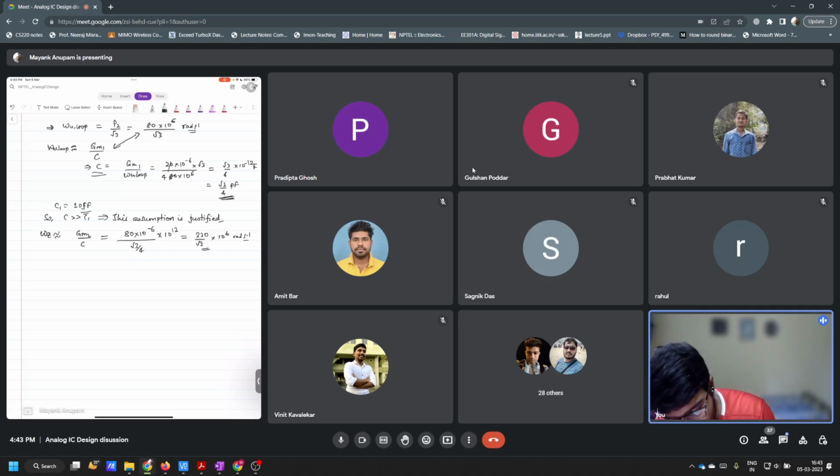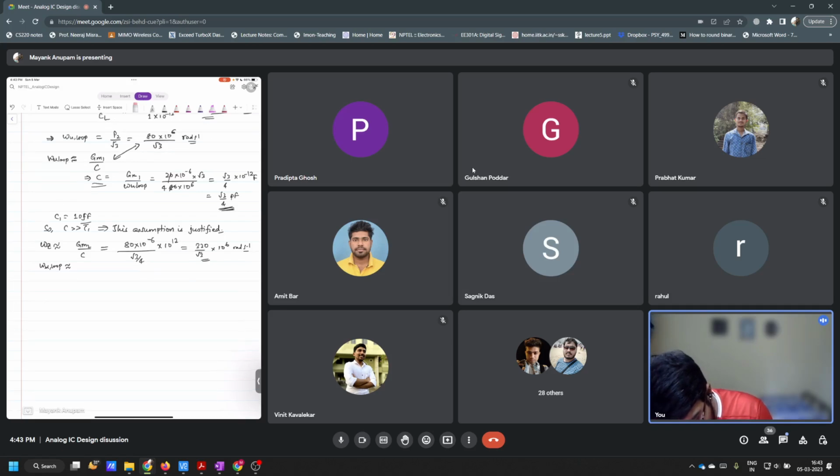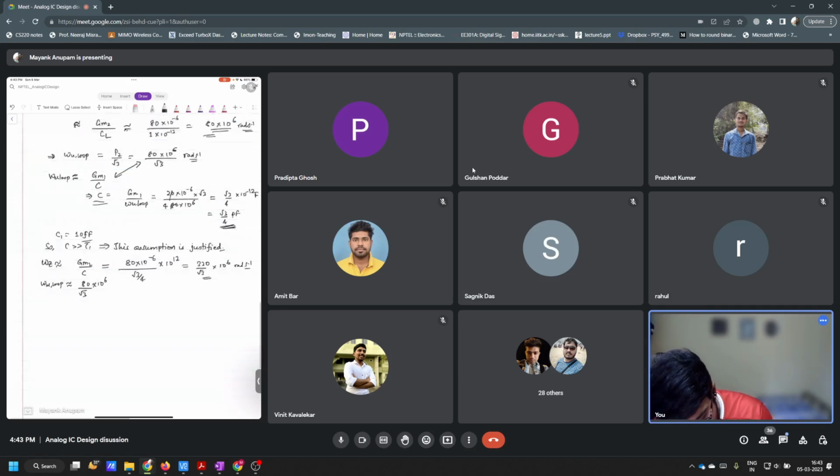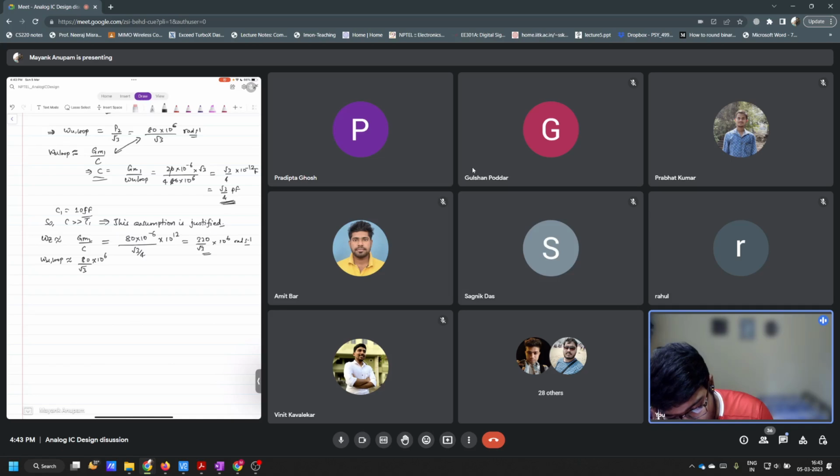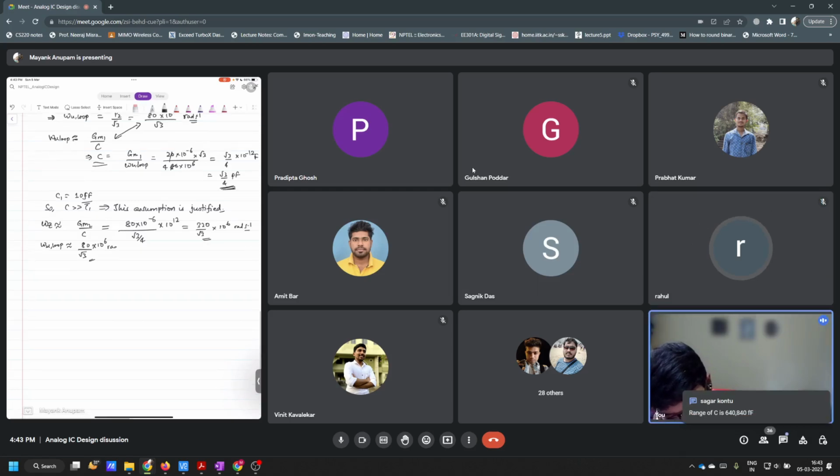And what is the value of omega u loop? It was 80 by root 3 into 10 to the power 6 radian per second.